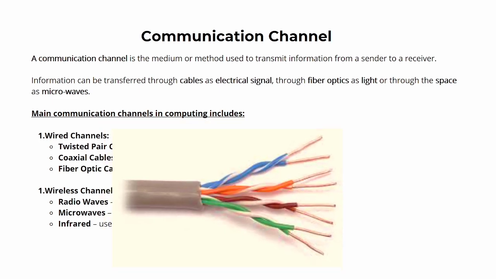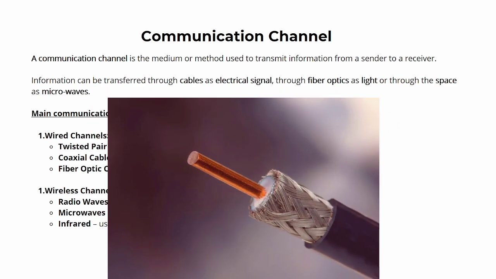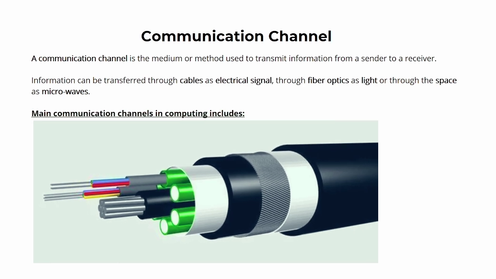Those are cables used in Ethernet networks. We have also coaxial cables, used in cable TV and early computer networks. Another one is fiber optic cables. They use light signals for higher speed data transfer.